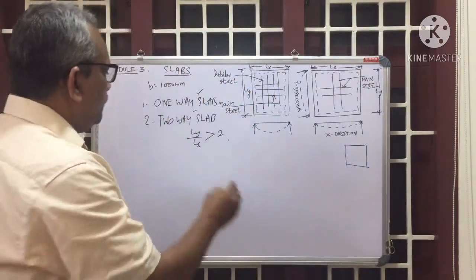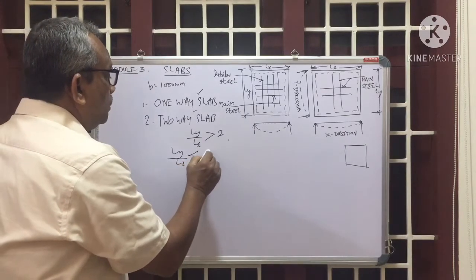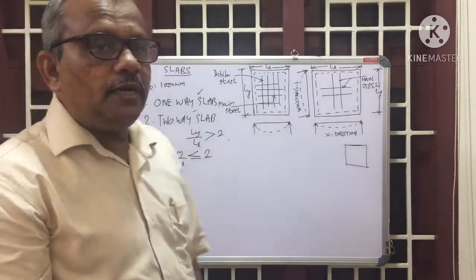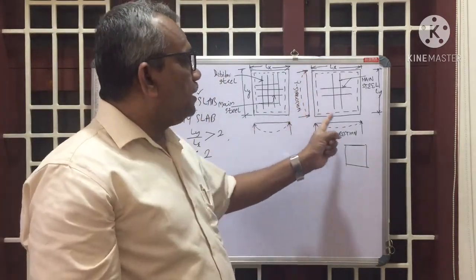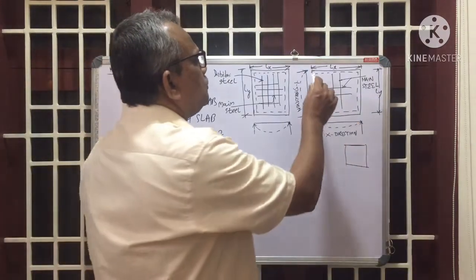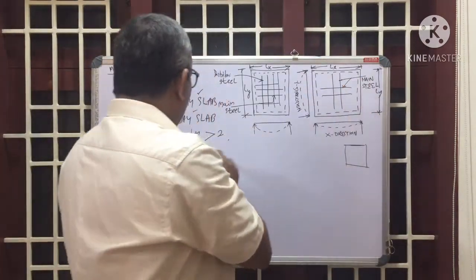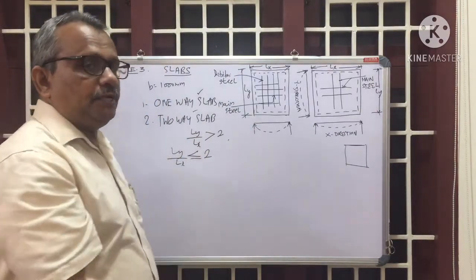If Ly by Lx is less than or equal to 2, then that slab is considered a two-way slab. That means approximately it will be a square shape.